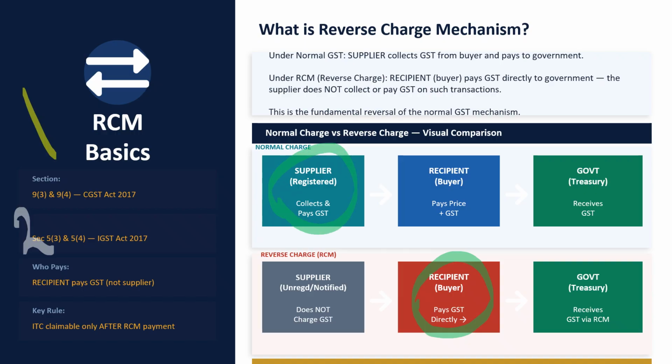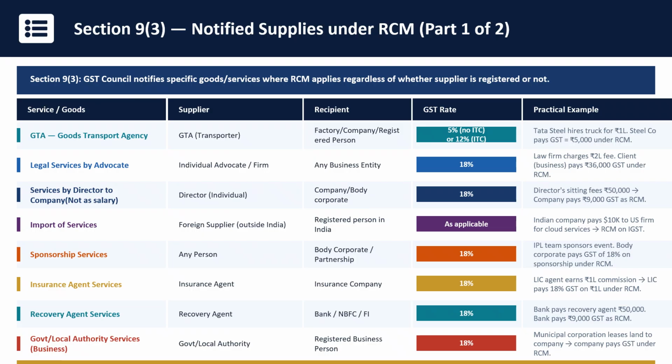In those situations, for a few notified services, the recipient himself, whether a registered or an unregistered recipient, has to pay, and whether he has to take registration or not, I will tell you. There are notified supplies under RCM. I mean, there are a few services on which we need to pay GST under the reverse charge mechanism.